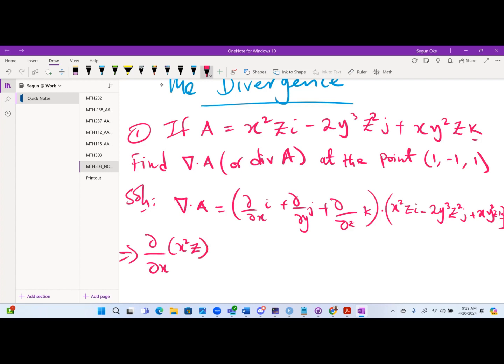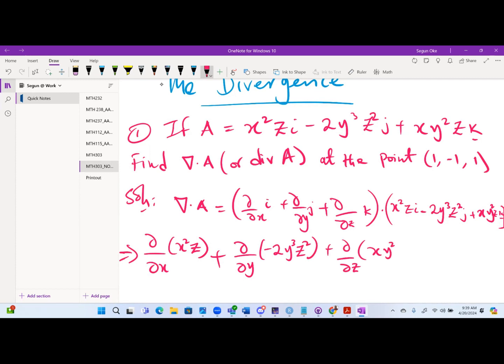Remember i dot i will be 1, so you don't need to put i again. Plus d/dy of minus 2y cubed z squared plus d/dz of xy squared z.